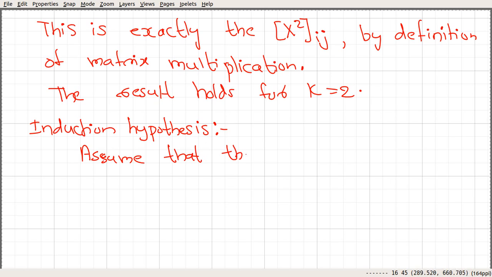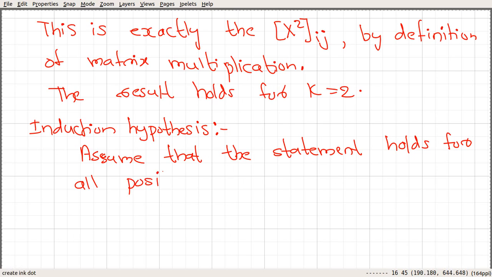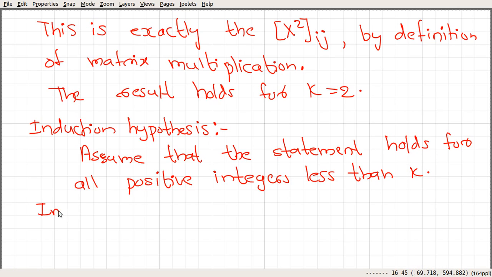Assume that the statement holds for all positive integers, strictly less than k. Okay, so induction step.